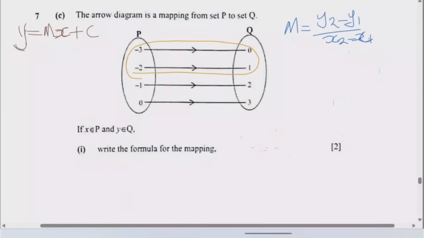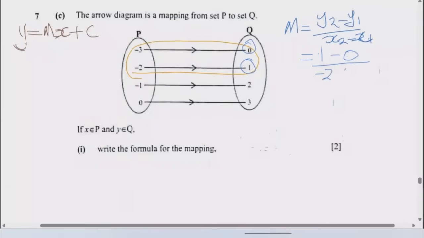Now we go ahead and do the calculation. So we say equal to y2 will be 1, it's here. Then y1 will be 0, so 1 minus 0 over x2 will be negative 2.